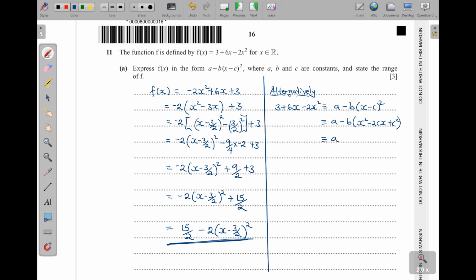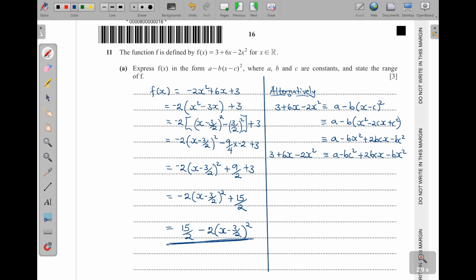When you open fully, you have a minus bx squared plus 2bcx minus bc squared. So the constant is a minus bc squared, the term in x is plus 2bc of x, and then minus bx squared.